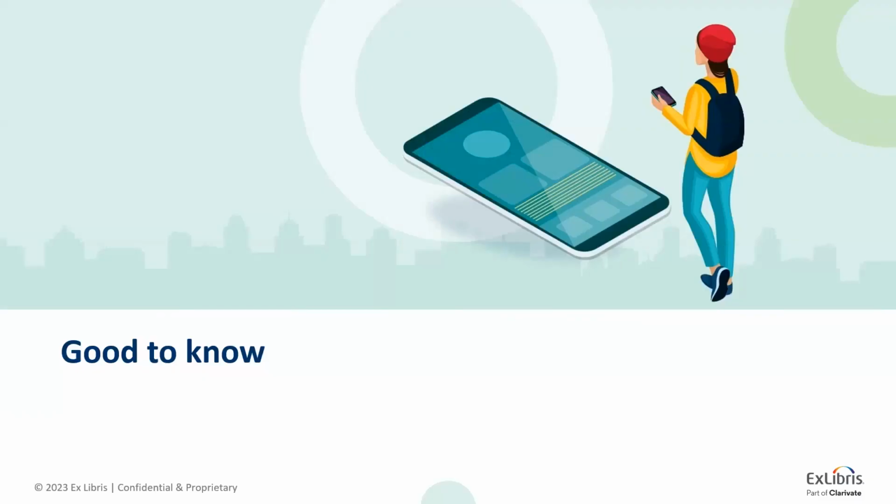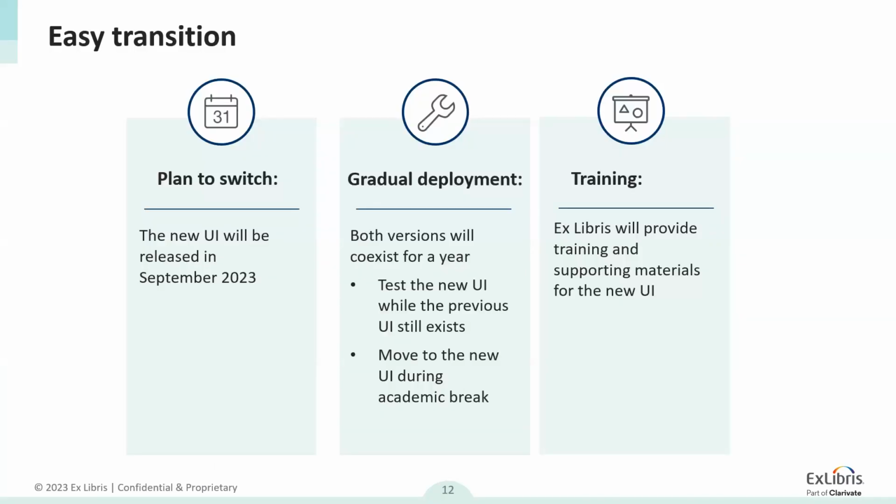Here are some things that are good to know about this new UI. First of all, plan to switch. It's important. The new UI will be released in September 2023. It is available now for early adopters, and it will be available for you from September. You don't have to switch in September. It's okay if you wait for your academic break, so please wait for the time that is more convenient for you.